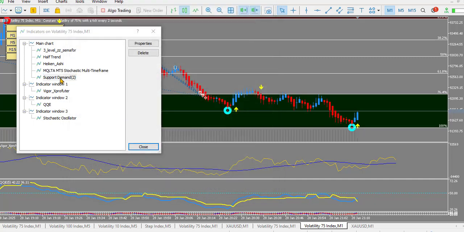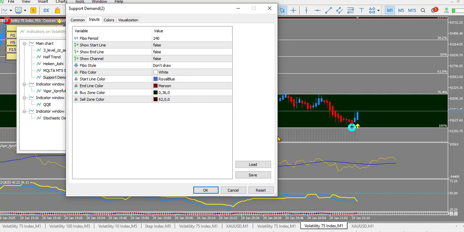So I have the support and demand indicator, this thick line that we have here, this line here that gives us the Fibonacci ratio numbers here. So let's look at the values. These are the inputs.